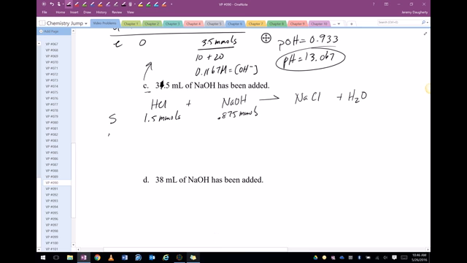Now, I'm going to use 0.875 millimoles. So I'm going to end up with no sodium hydroxide this time. And then I'm going to take 1.5 minus 0.875, and I'm going to get 0.625.